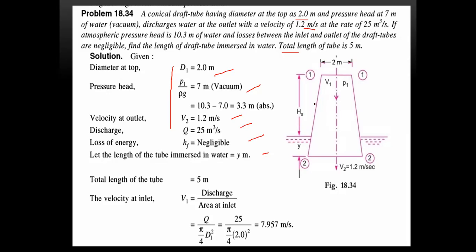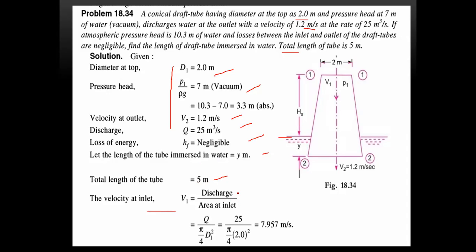Draw the figure: the draft tube, section 1-1, section 2-2, this is a datum line, the draft tube is placed like this. The total length of the tube is 5 meters. Therefore, the velocity at the inlet V1 is equal to discharge by area.